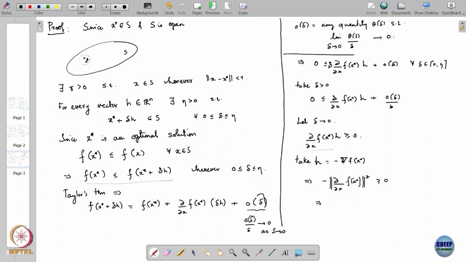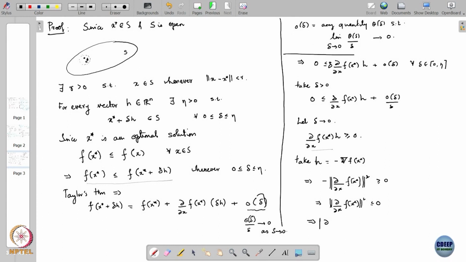That just means that the norm of this derivative squared is less than or equal to 0, but it can't be strictly less than 0, which means it has to be equal to 0. But when the norm is equal to 0, it means the vector itself is equal to 0.